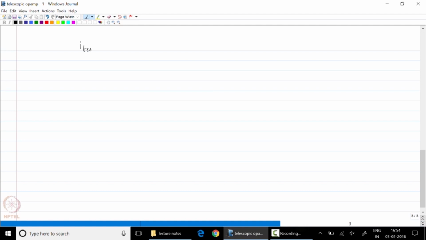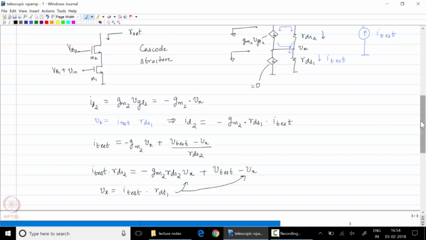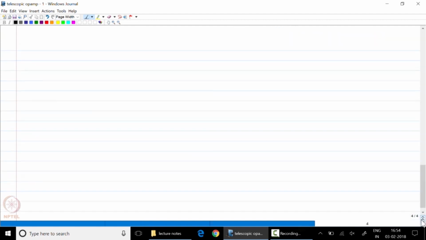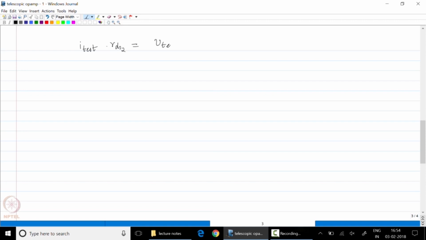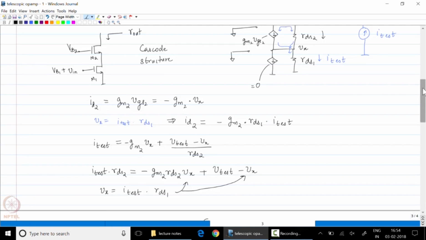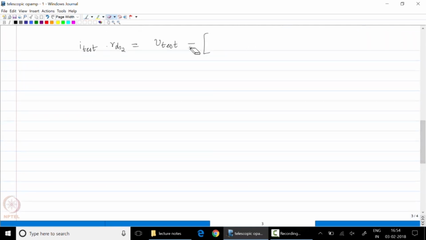So I test times RDS2 was V test minus Vx into 1 plus GM2 RDS2.